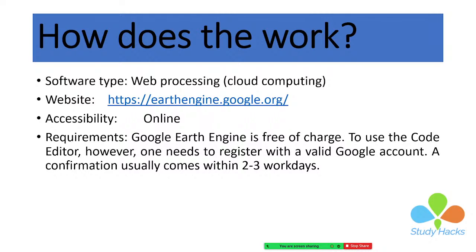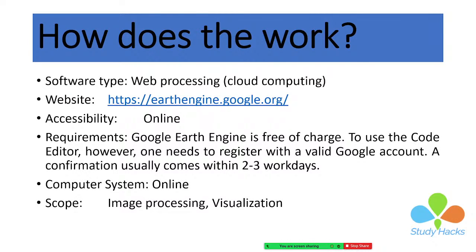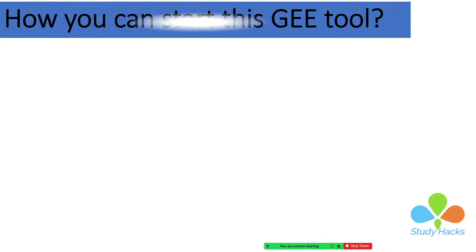You get a message from the Google Earth Engine authority. So now you have successfully created your Google Earth Engine account and can use their code editor. The scope is image processing and visualization, and it also works with vector and raster data.